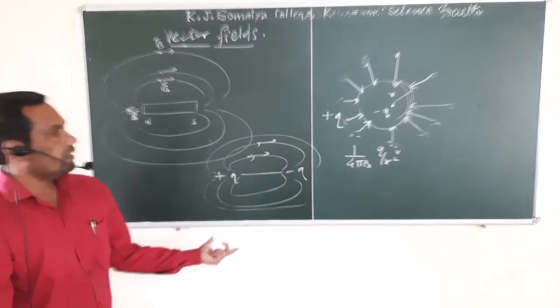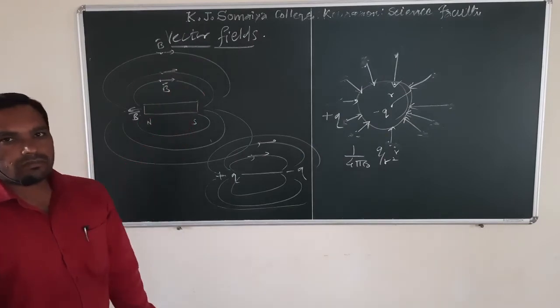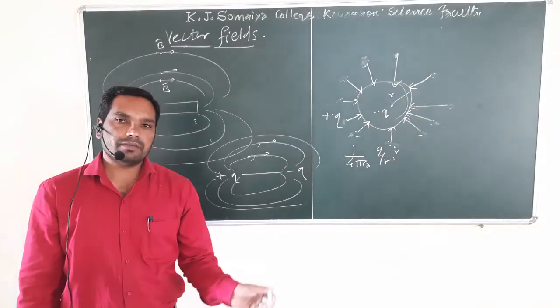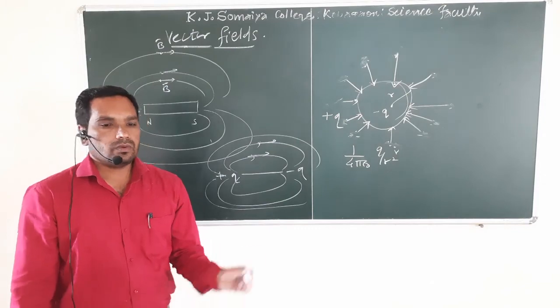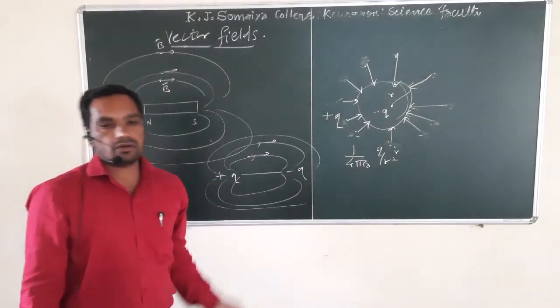In this way we can find out various fields. So we have studied what is meant by scalar field and what is meant by vector fields. With this we finish our scalar and vector field topic.